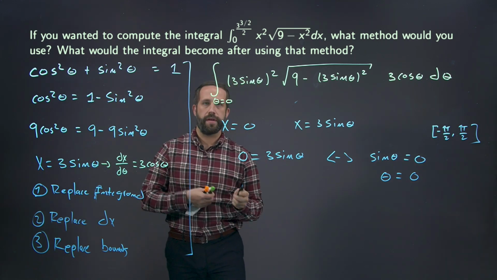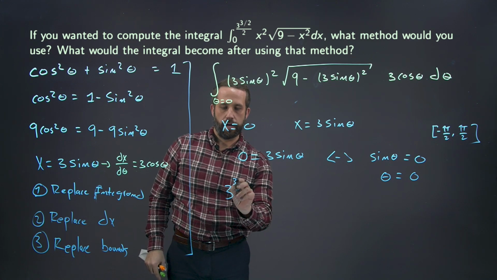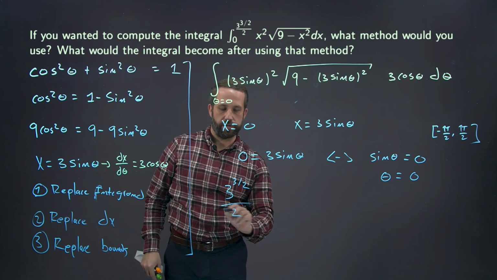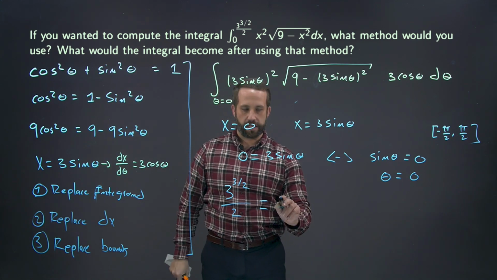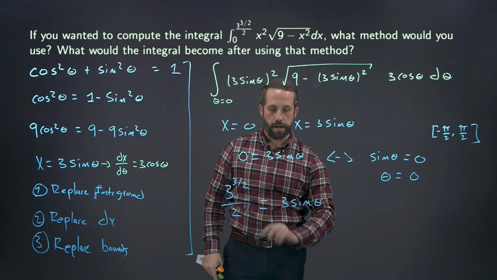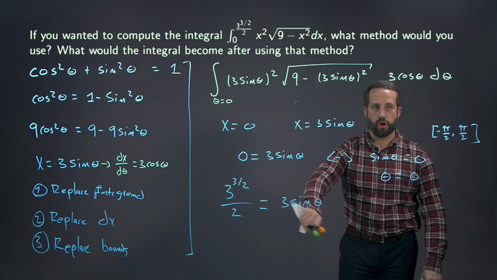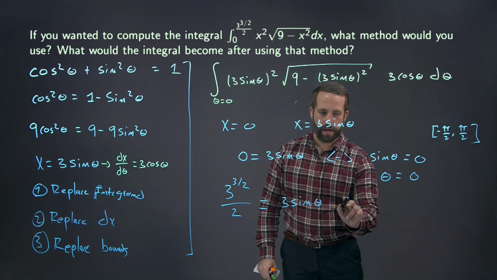The upper limit looks kind of convoluted here, but we've got 3 to the power of 3/2 over 2. That's equal to x. But if x is equal to 3 sine theta, then this is 3 sine theta. If I try to solve this for theta, the first thing I'm going to do is divide both sides by 3.